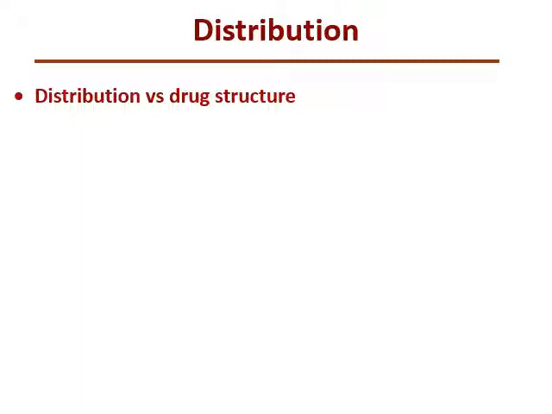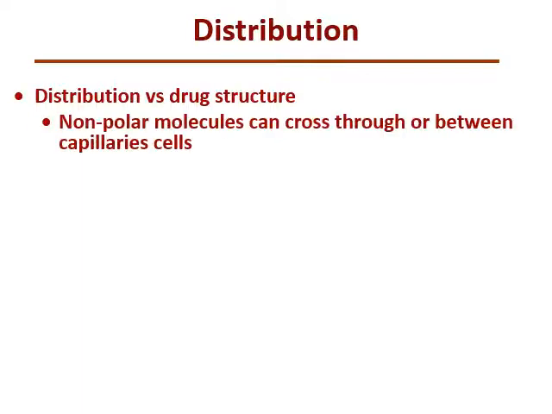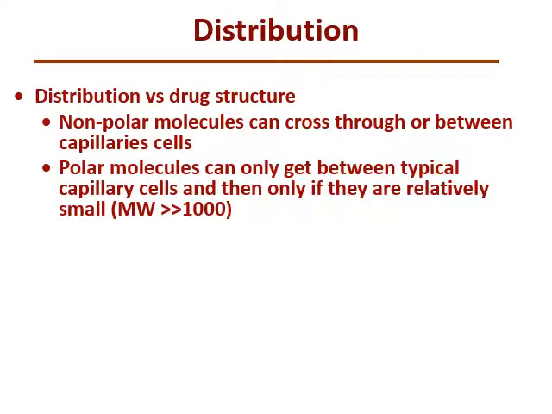So what is there about the drug structure that affects its distribution? Well, nonpolar molecules, as I said before, can cross through or between capillary cells, whereas polar molecules can only get between capillary cells, and even then only if they're relatively small.